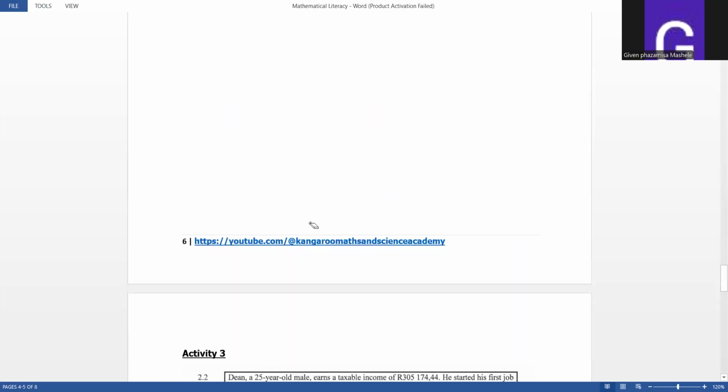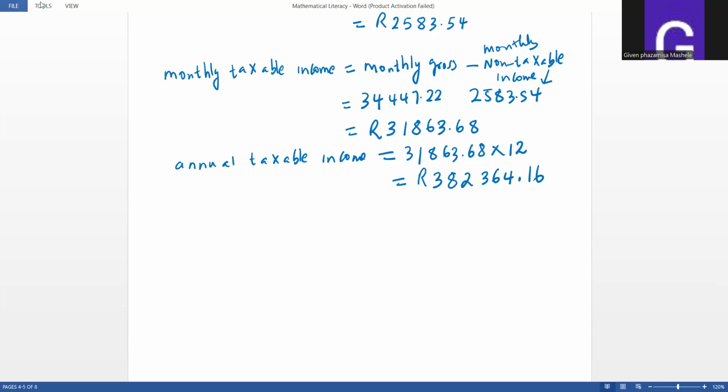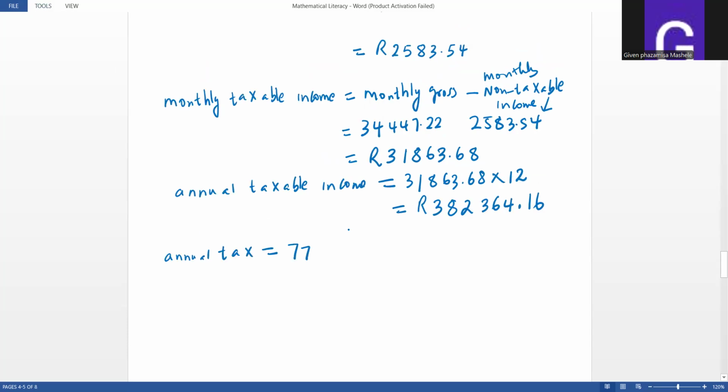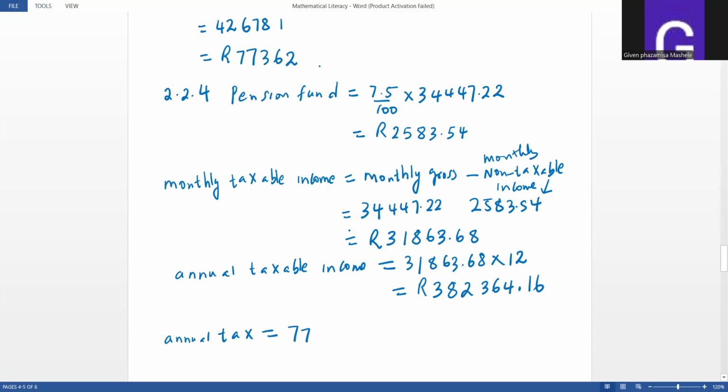So we take the amount which we have calculated here. I'll say annual tax, not annual taxable income. So the annual tax would be, from the table, 77,362 plus, what is the percentage, by the way?